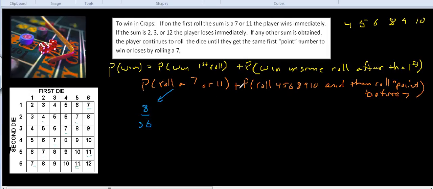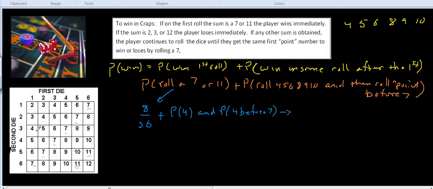Now we want to look at the other possibilities of 4, 5, 6, 8, 9, or 10. How would we get that? Let's start with 4: the probability of 4 and the probability that you would have 4 before 7. What's the probability of getting a 4?